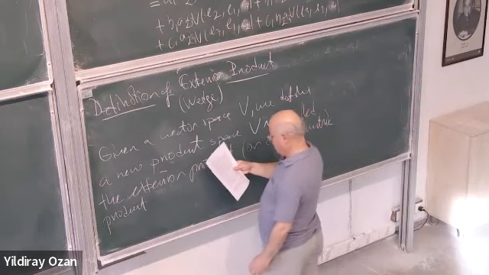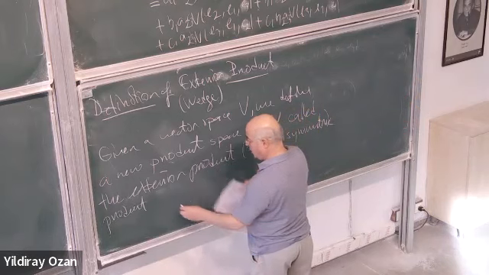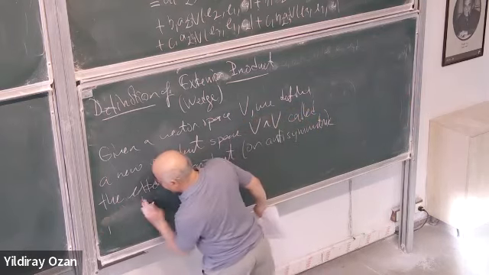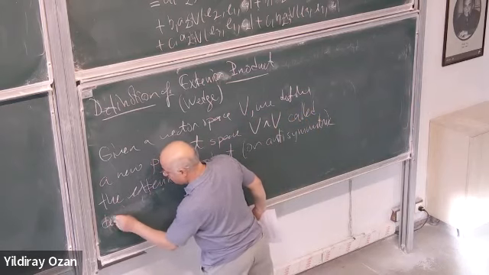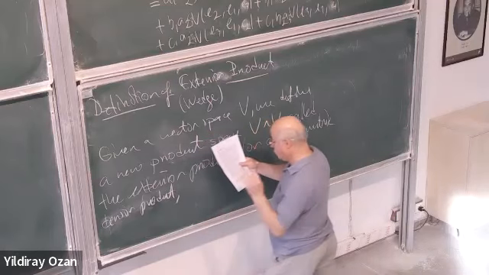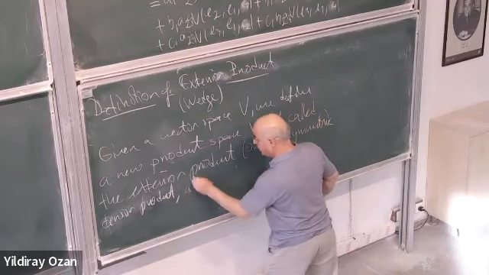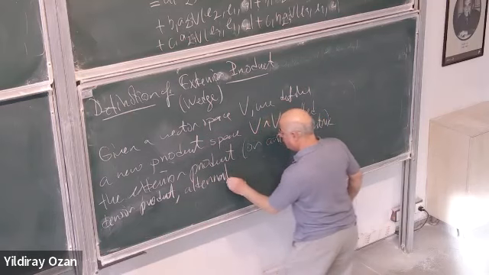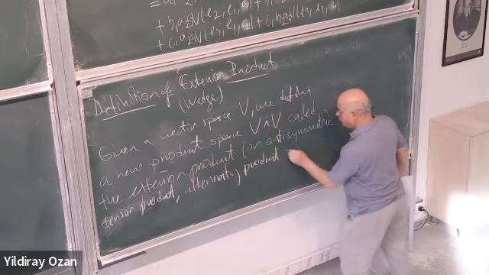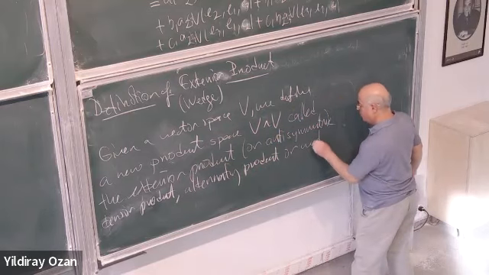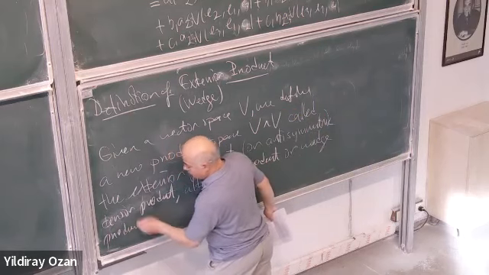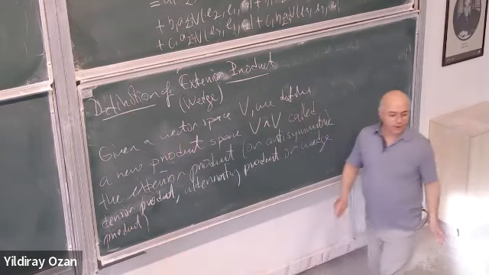Anti-symmetric tensor product, or alternating product, or wedge product. So it has at least 4 names, okay?